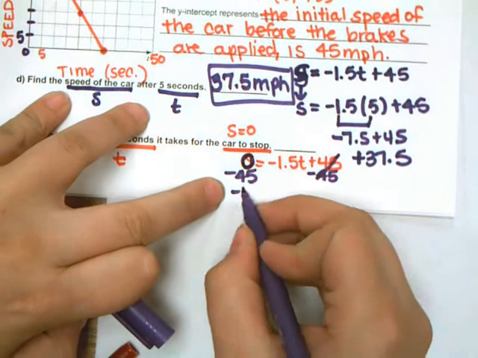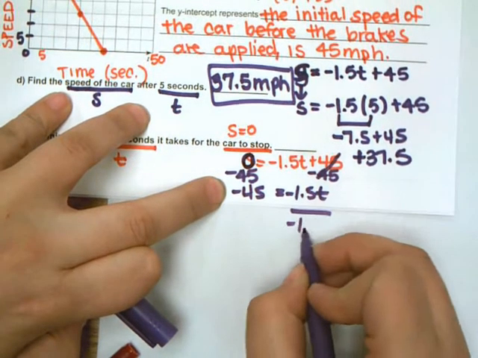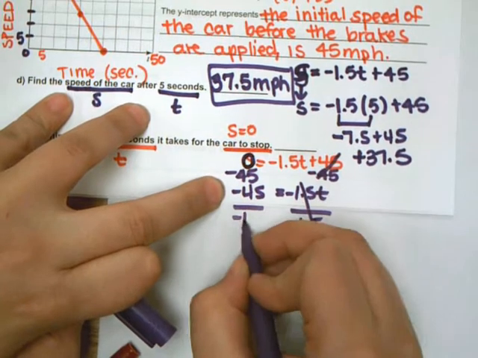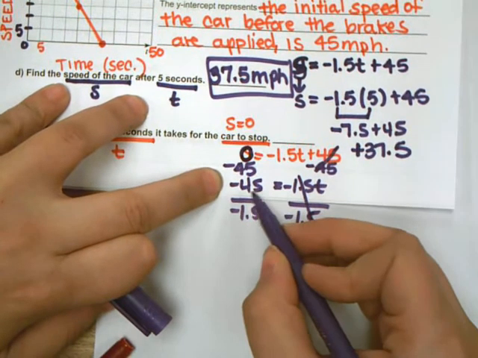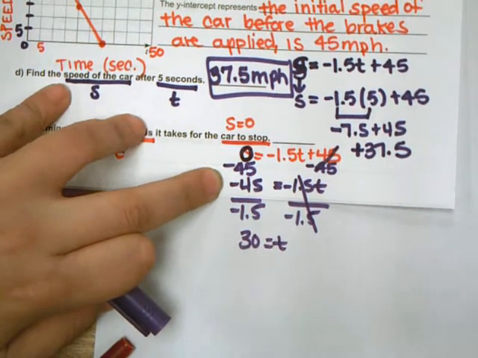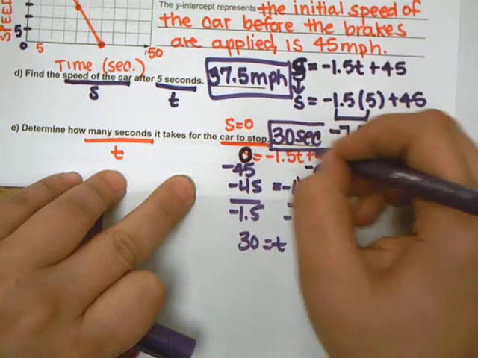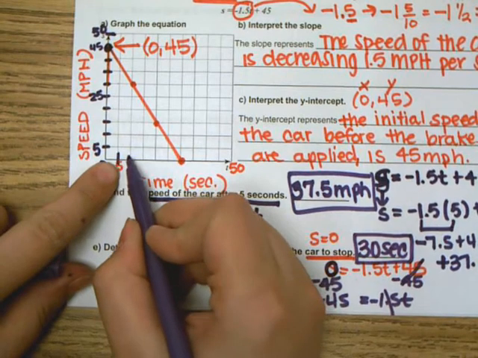I want to know when it stopped. So we're going to solve this equation. So I'm going to subtract 45, and then divide by negative 1.5. And when we do negative divided by negative, it's a positive 30.